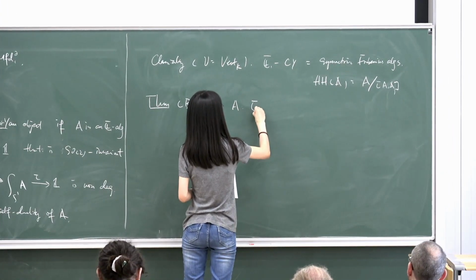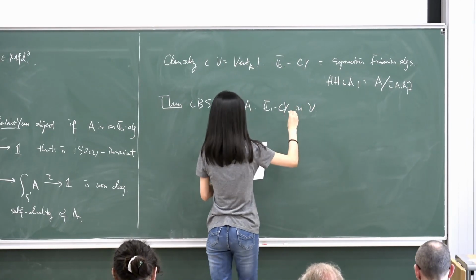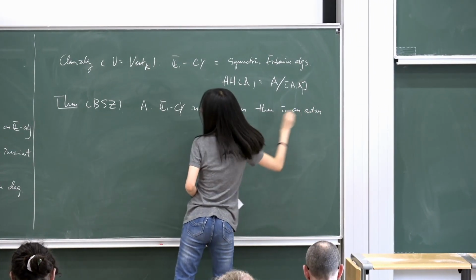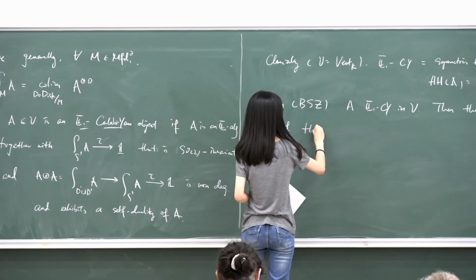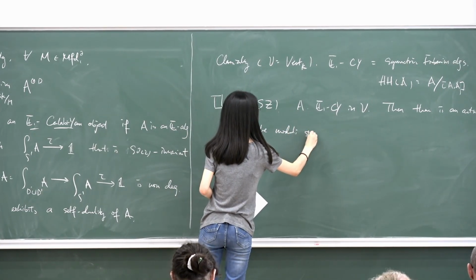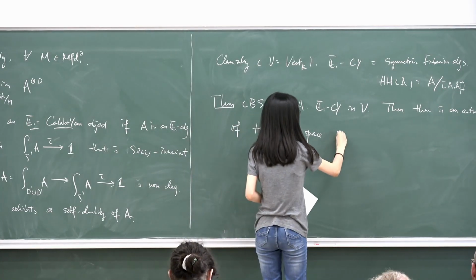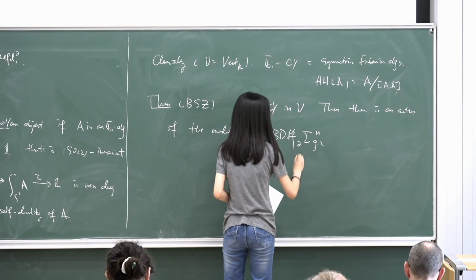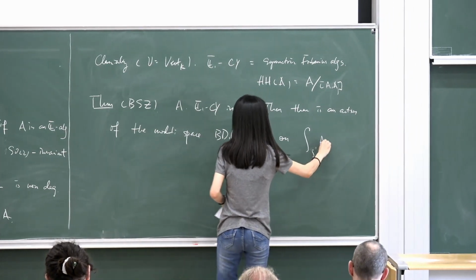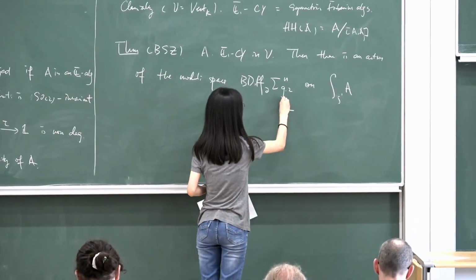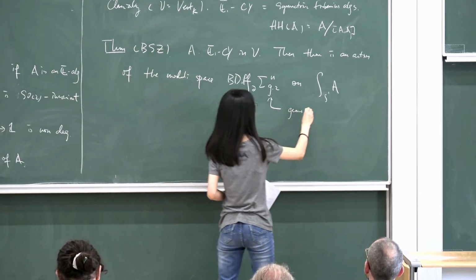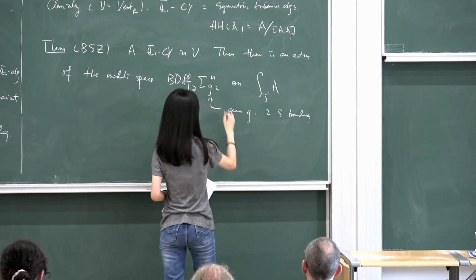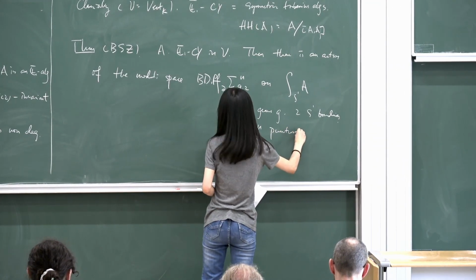Suppose that A is an E1 Calabi-Yau object in V. Then there's an action of the moduli space, which is B diff, with some notation sigma g, n, partial, on the factorization homology of A. Here g means that it's an oriented compact genus g surface with two circle boundaries, and n is the number of punctures.